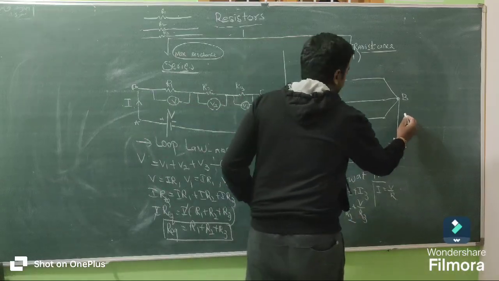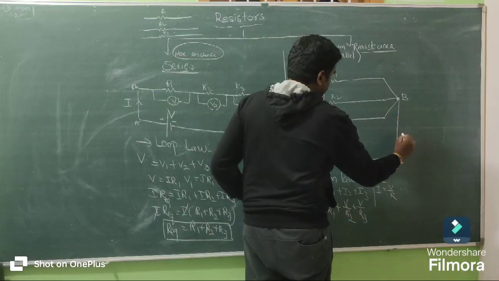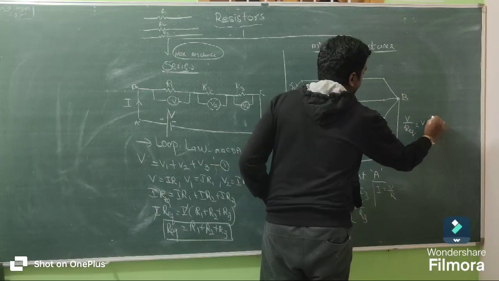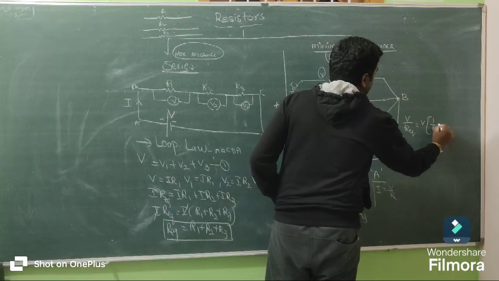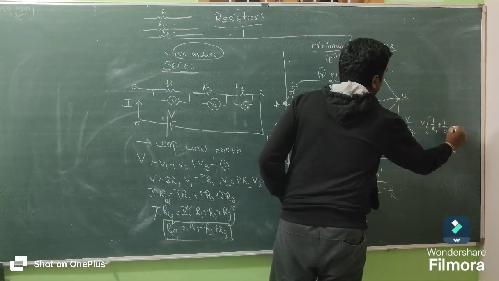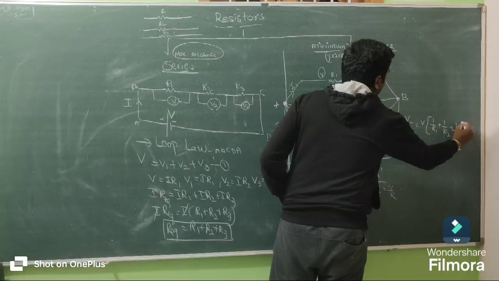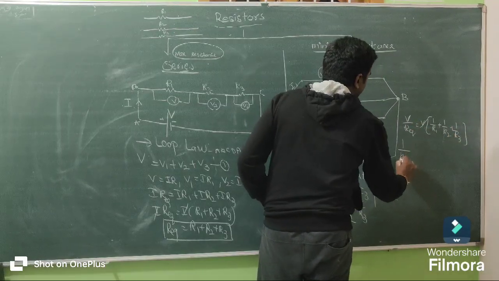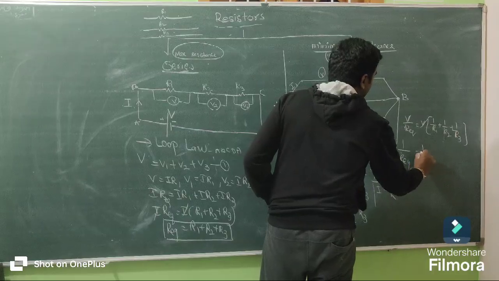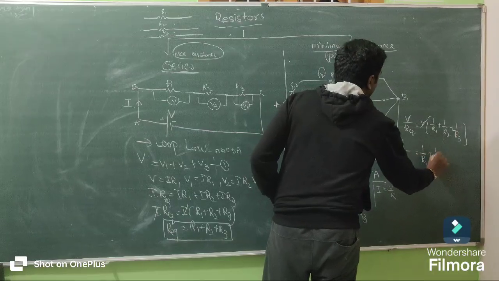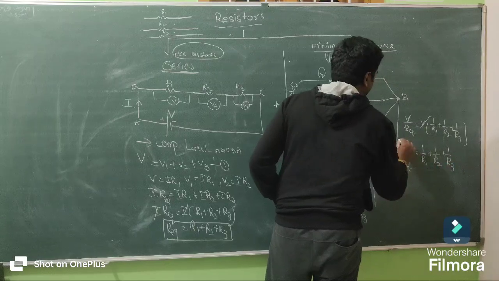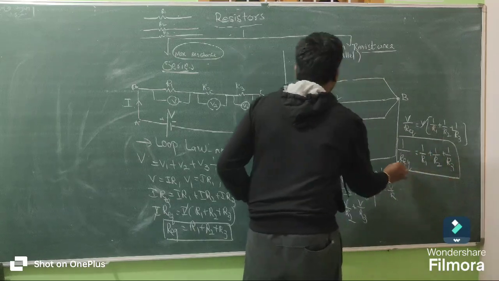So V by R equivalent is equal to V common, 1 by R1 plus 1 by R2 plus 1 by R3. V cancels, 1 by R equivalent is equal to 1 by R1 plus 1 by R2 plus 1 by R3. This is parallel connection.